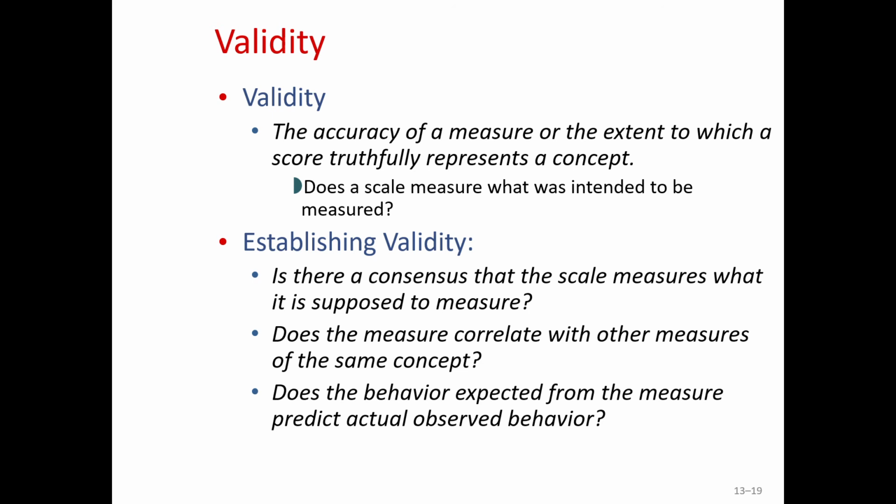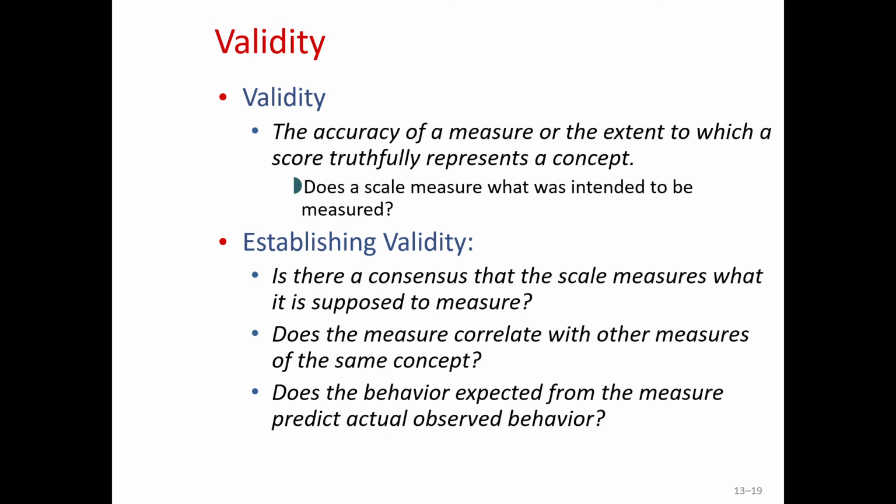So achieving validity is not easy, it's not simple, and this is the example at the beginning, how they're going to measure the best performance. Effort may well lead to performance, but effort does not equal performance all the time.